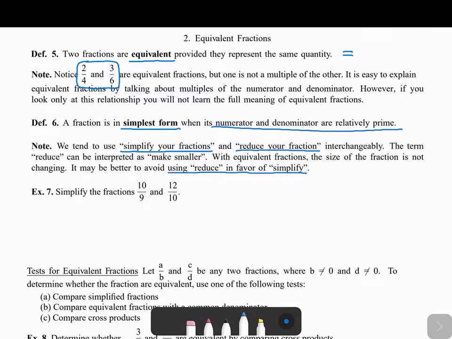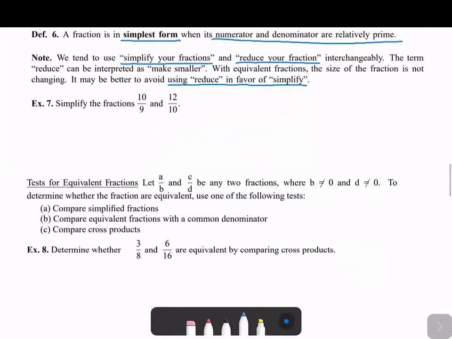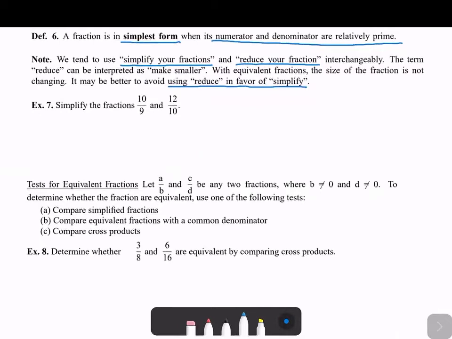Okay, so let's look at how to simplify fractions. If we want to simplify the fraction 10/9, one way to do this is by looking at the factors of the numerator and denominator. We can factor 10 as 2 times 5, and we can factor 9 as 3 times 3.